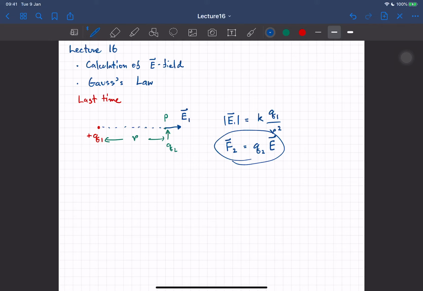So we use this, and then you're going to recover Coulomb's law. Again, this is a two-step process. You first write down the electric field, and then you use F equal to Q times E to get the force, instead of jumping directly to the Coulomb force, F equal to k Q1 Q2 divided by r squared.